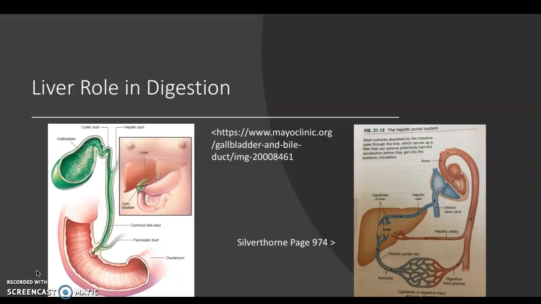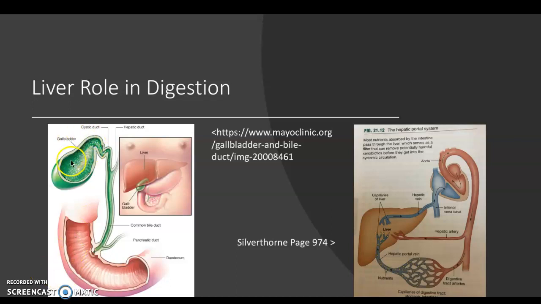So as mentioned, bile salts are made in the liver, specifically the hepatocytes. Now, the bile salts are made from something called bile acid and amino acids. After secretion, they travel into the gallbladder for storage and concentration through the hepatic ducts.